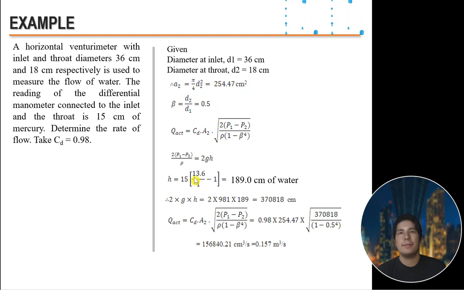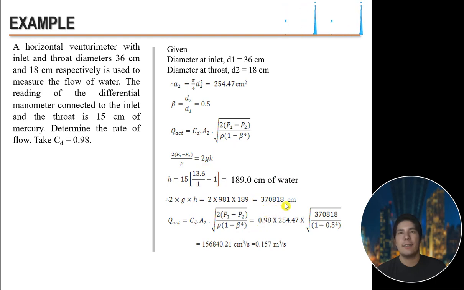And using this formula from earlier for the actual discharge, we simplify that. We also have H, which is 15, given, times the specific gravity of mercury divided by the specific gravity of water, minus 1. So we have 189 cm of water. So we can now calculate 2GH, which is 370,818 cm.